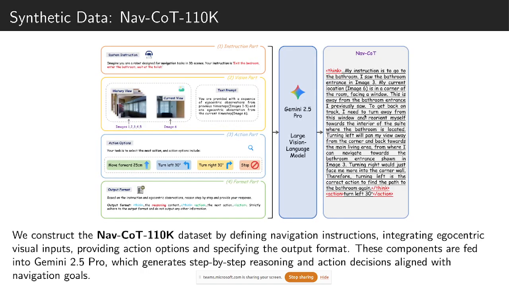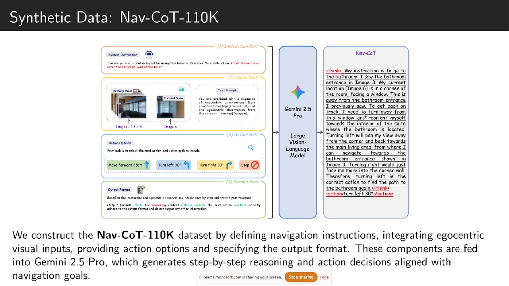And similarly, we already mentioned in the previous slides that synthetic data matters. If you want to achieve diverse zero-shot capability, if you want to get a foundation model, you need high-quality, diverse synthetic data. So we do the similar thing. We synthesize 110K data in a COT format, and we cover different kinds of tasks.